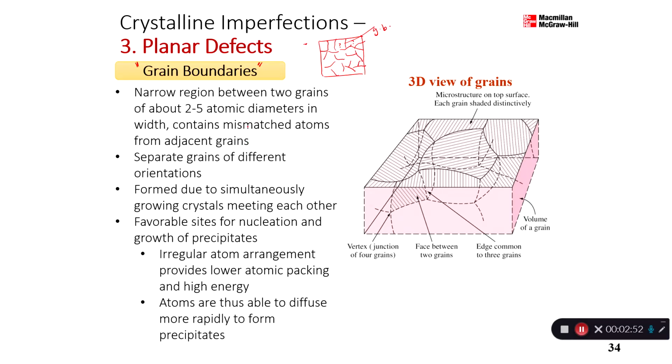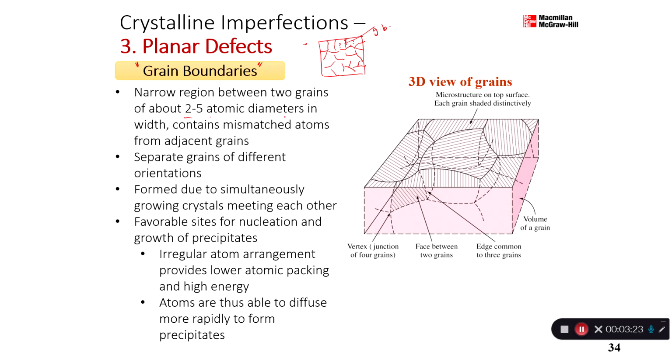The crystal can perfectly grow from the nucleus into a crystal structure, but at the point where two crystals meet each other, of course this region can't be perfect. So the grain boundaries are actually a region of size 2 to 5 atomic diameters.